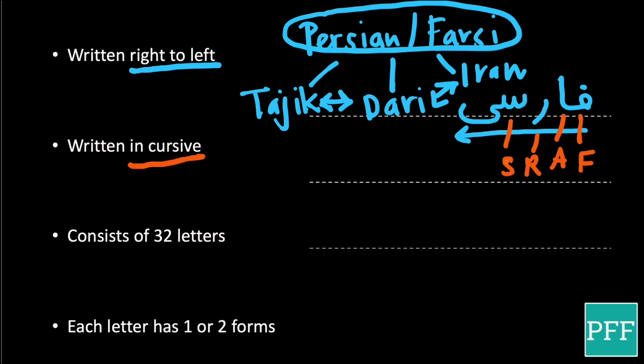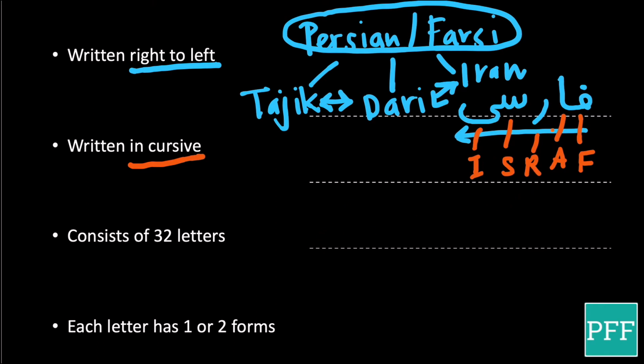This is the S. And finally, this is like an E or a Y. In this case, it's giving us the I sound. So you can see that the F and the A are connected, the R is not connected, and the S and the I are connected for this example.